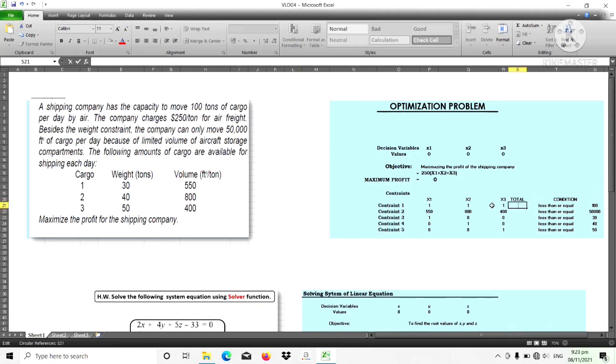So we must find the value of each constraint using the working equation, this one.